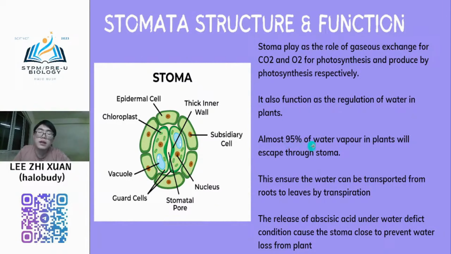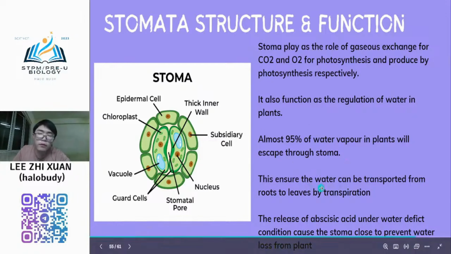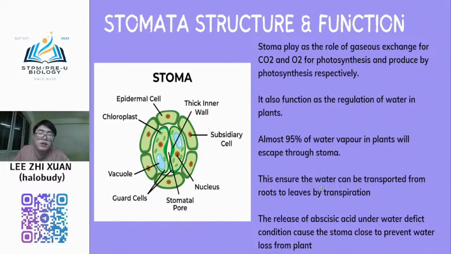Almost 95% of water vapor in a plant escapes through the stomata, and this ensures that water can be transported from the root to the leaf by transpiration. This is the simple version of the transpiration pull process. Later we will learn more detail in chapter 8.